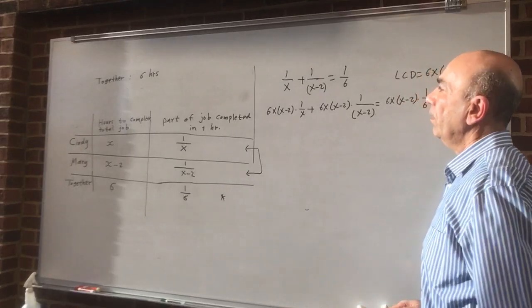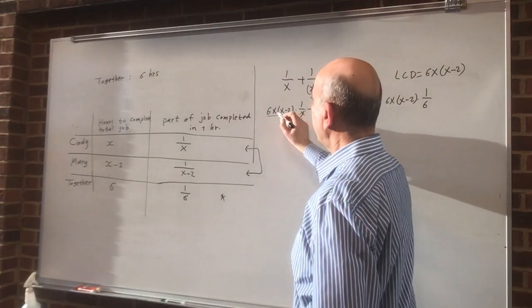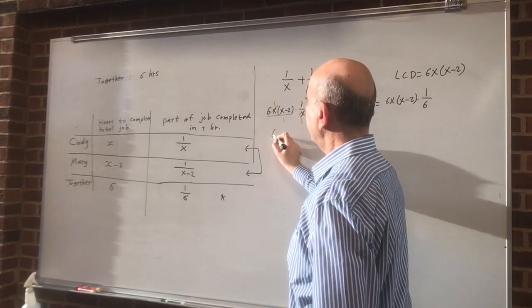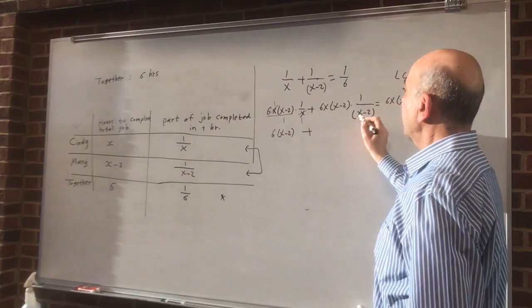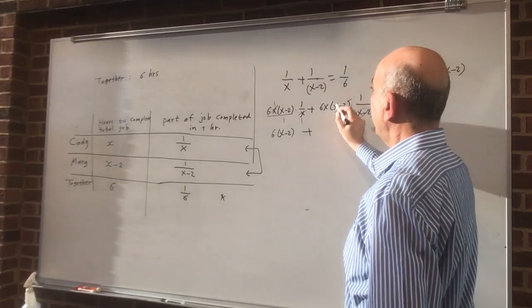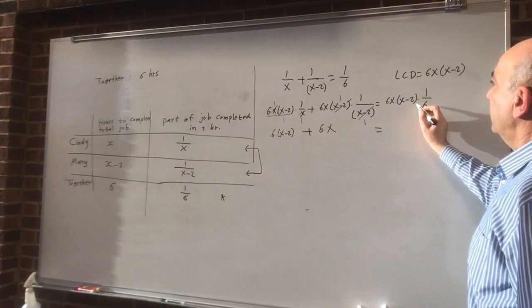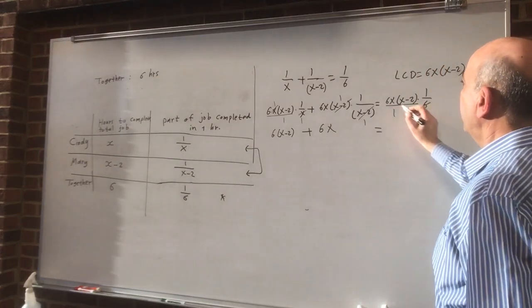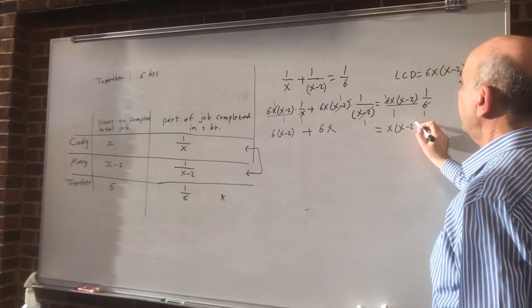Then simplify. Here, this means over 1, so divide out by x. So we get 6 times x minus 2, plus x minus 2 is cancelled with x minus 2, so we get 6x. Here, divide out by 6, so we get x times x minus 2.